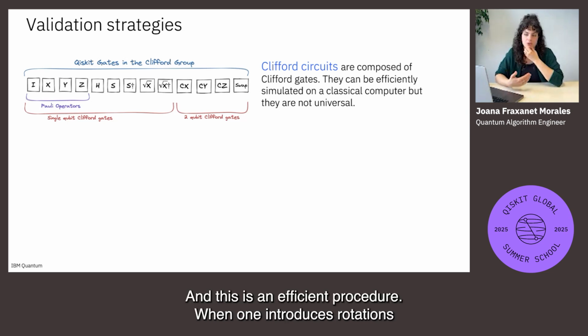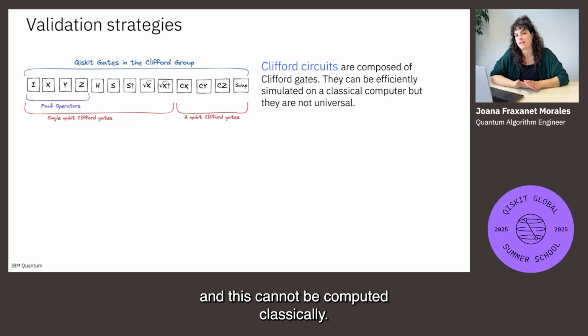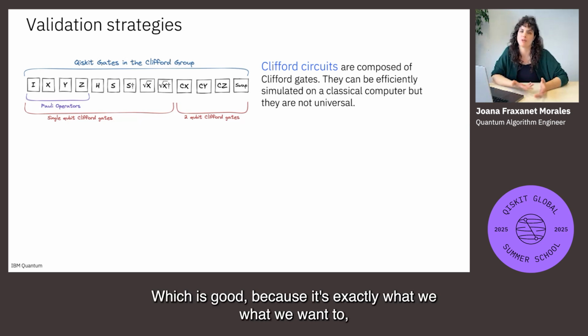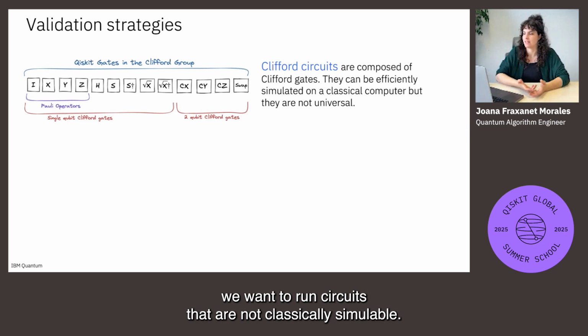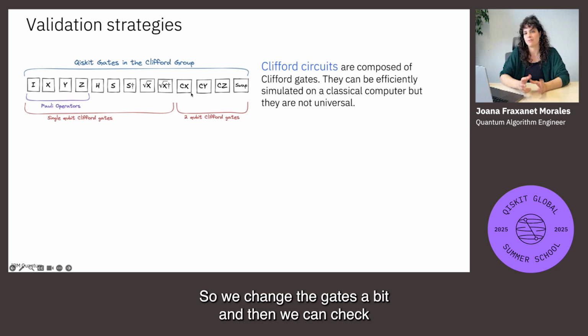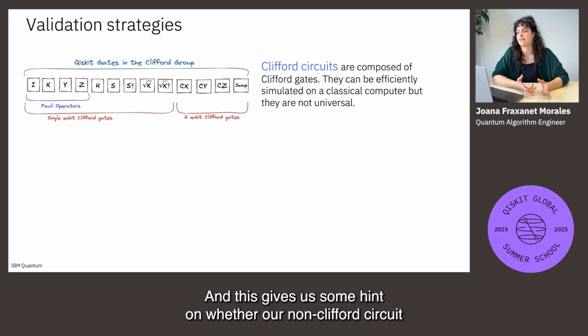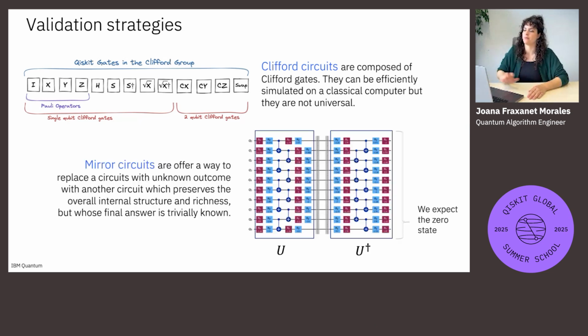When one introduces rotations and other types of gates, then we're in the non-Clifford circuit group, and things cannot be computed classically, which is good because we want to run circuits that are not classically simulable. But what we can do for our circuits is to Cliffordize them, so we change the gates a bit. Then we can check if the Cliffordized version of the circuit is giving the expected output. This gives us some hint on whether our non-Clifford circuit is working well or not.